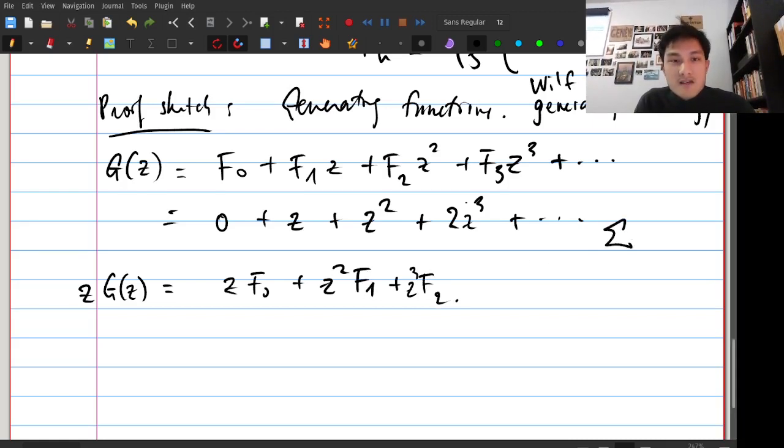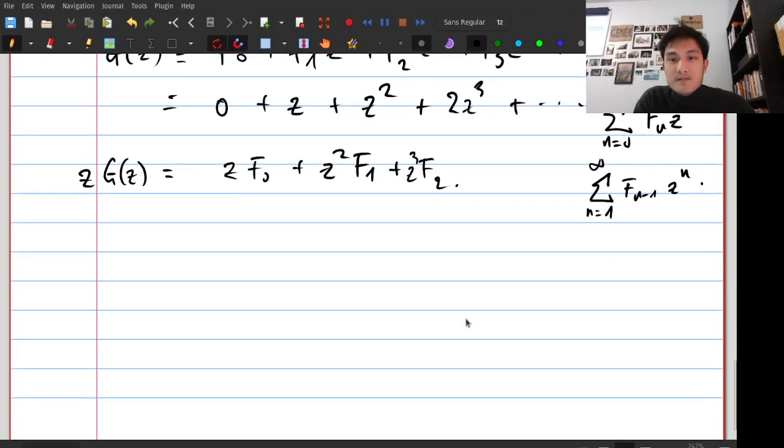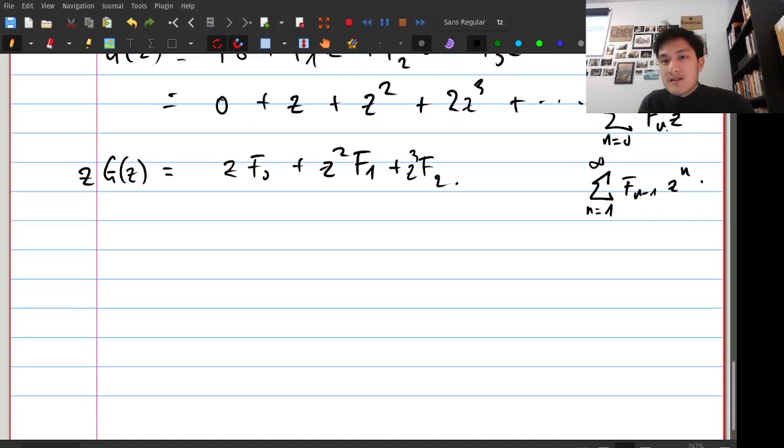So if g(z) was the sum from n equals 0 to infinity of f_n z to the n, then this thing has been shifted. This is the sum from n equals 1 to infinity of f_{n-1} z to the n. So everything's been shifted. So this f_n became f_{n-1}, and we have to start at n equals 1 because obviously there's no f_{-1}.